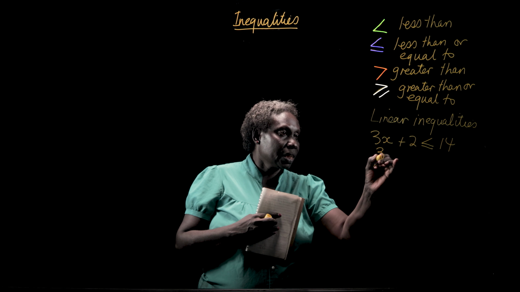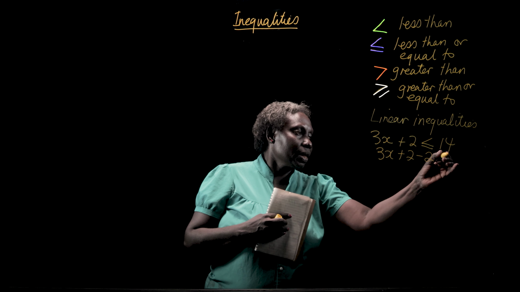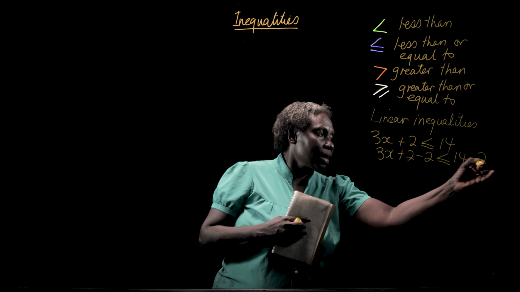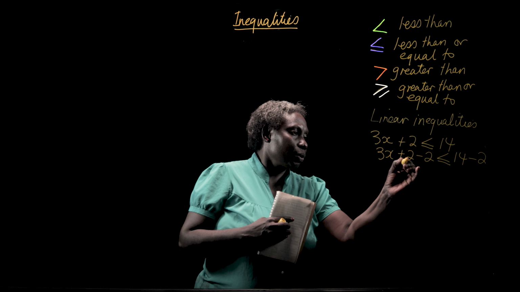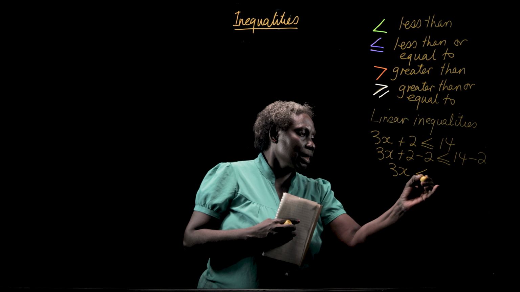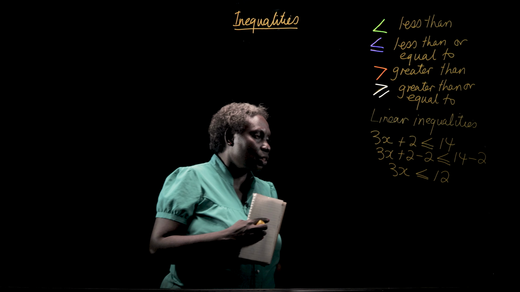So we have 3x plus 2 minus 2 is less than or equal to 14 minus 2. This cancels out. Therefore, 3x is less than or equal to 12, since 14 minus 2 is 12.